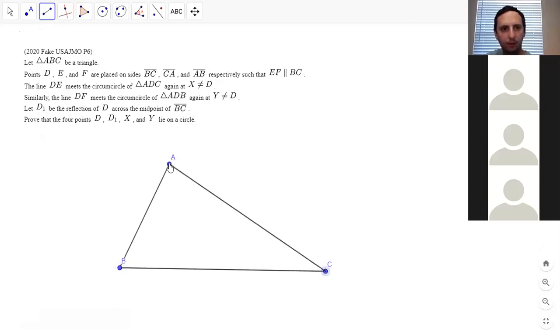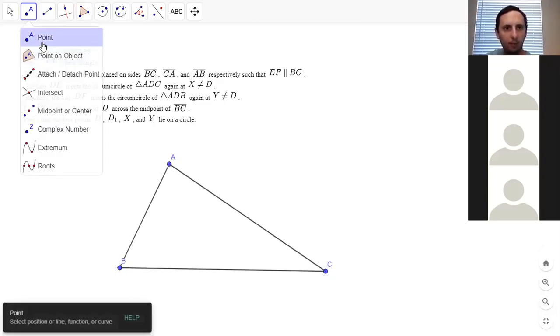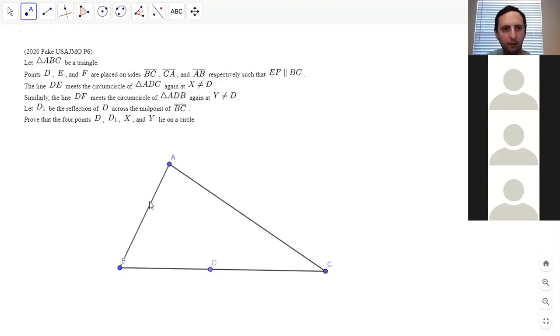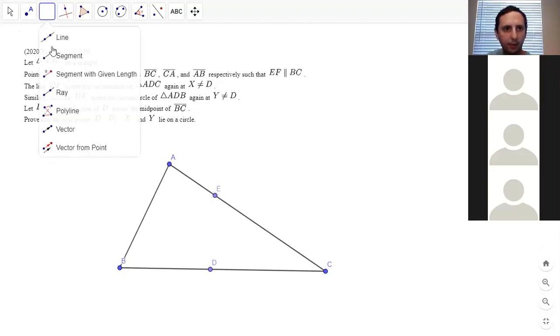So we have a triangle ABC, and D is pretty much any point on BC, and E is on CA, and EF is parallel to BC.